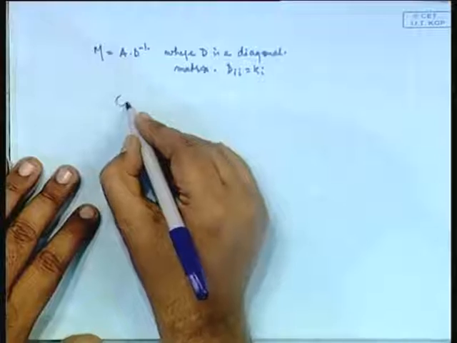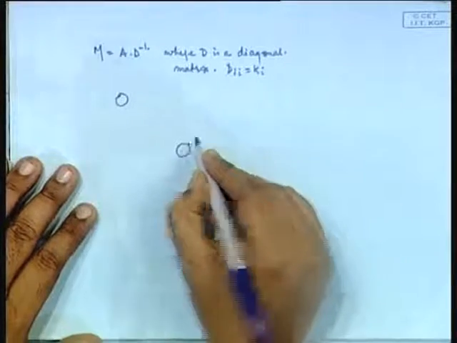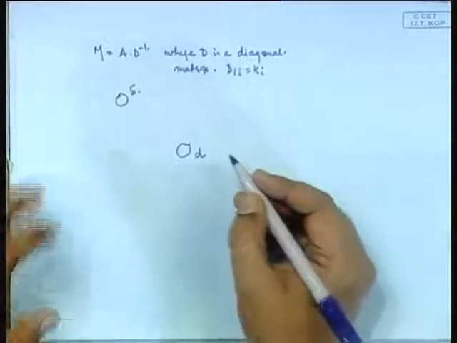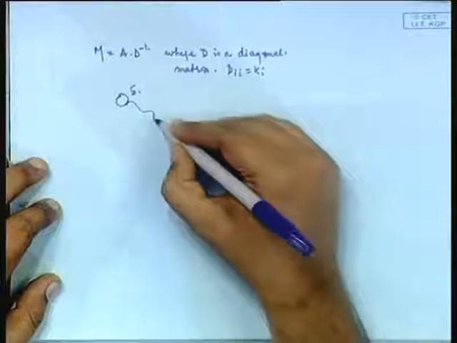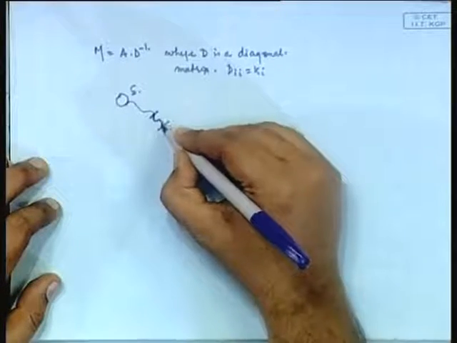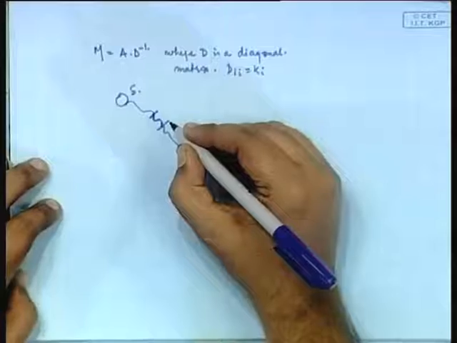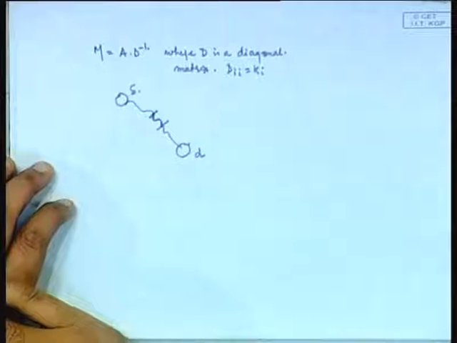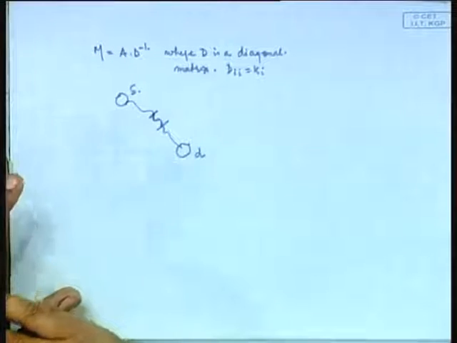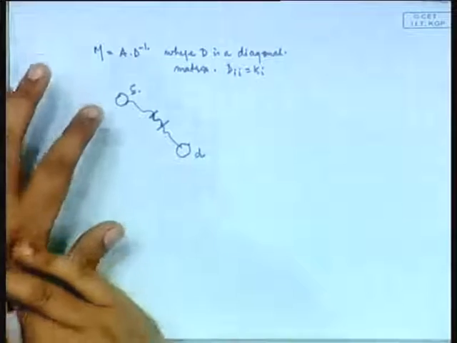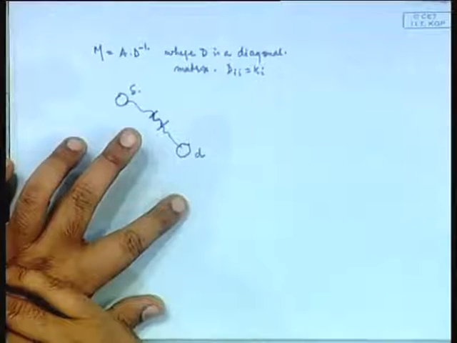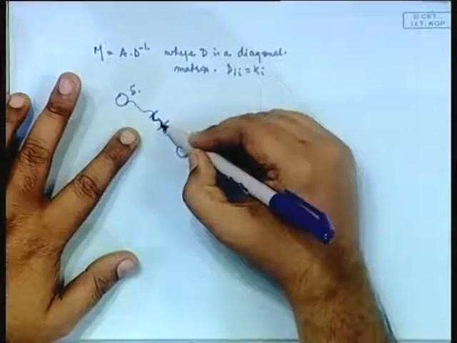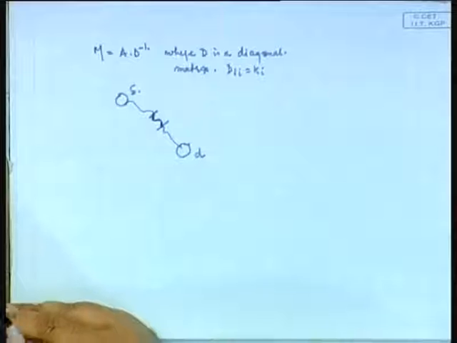So, now what is the problem? I am given a source, I am given a destination, and I want to find the random walk betweenness of an edge for this particular source destination pair. This is the problem which we are attempting: given a source and given a destination, I want to find out the number of times a particular edge will be crossed.